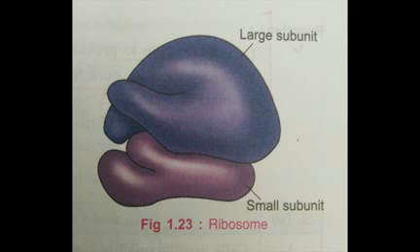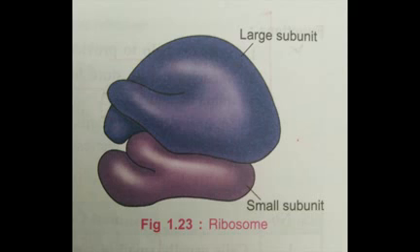Ribosomes are found attached to the surface of endoplasmic reticulum as well as free in cytoplasm. So that means they are either present on the endoplasmic reticulum or they are also present free in cytoplasm.